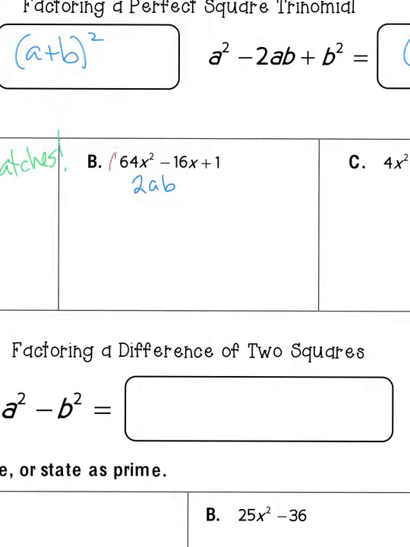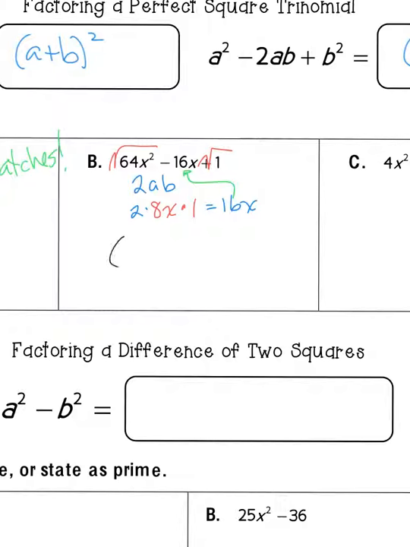So I'm going to take the square root of the bookends. All right, so I've got 2 times the square root of 64x squared, which is 8x, and the square root of 1 is 1. So 2 times 8 times 1 is 16 times the x is 16x. And it matches. It doesn't match the sign, but as I said, we'll fix the sign.